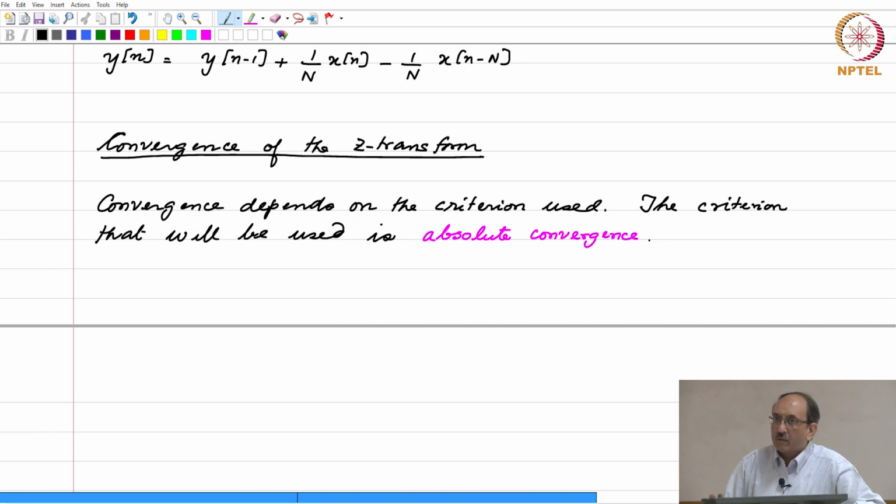The other criterion that could have been used is uniform convergence, whereas in the Laplace case we used absolute convergence as the criterion. We will use absolute convergence criterion for the Z transform case. There the absolute convergence meant absolute integrability, whereas here absolute convergence would mean absolute summability.